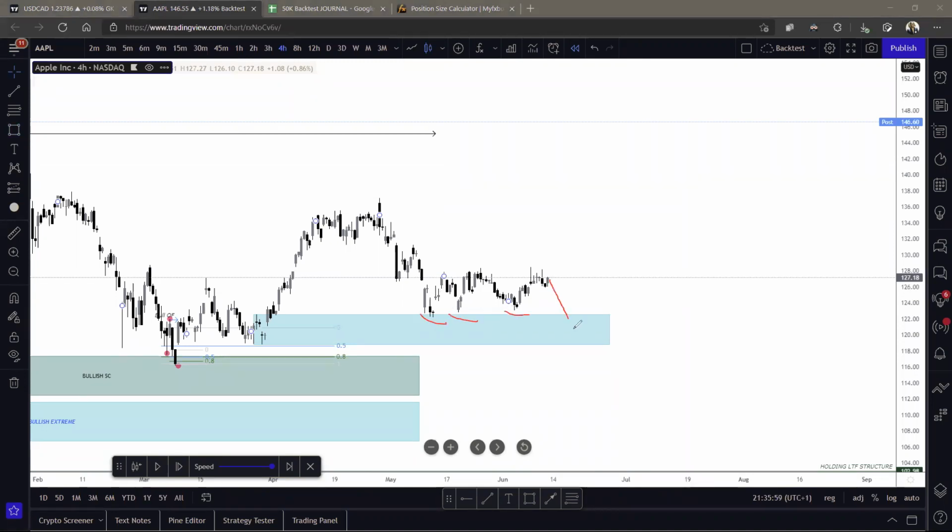Okay, so what we do need is just break, take out the liquidity as equal as here, break of order flow, and then after retest to go up.